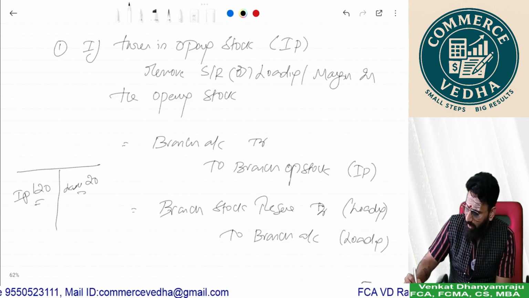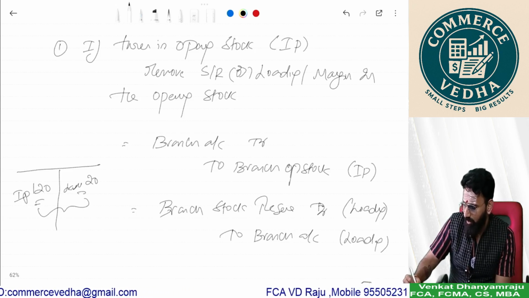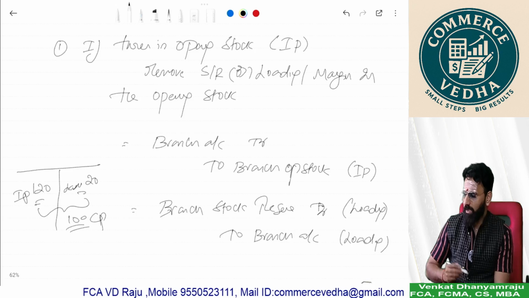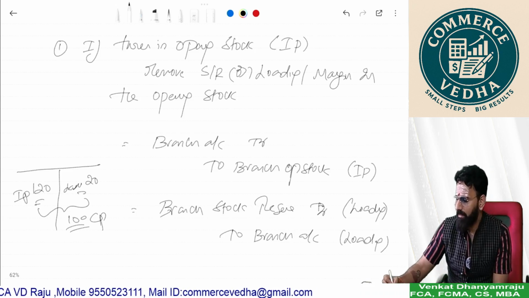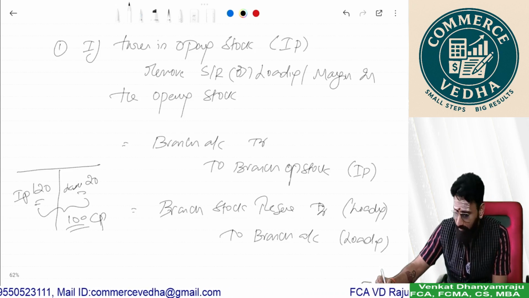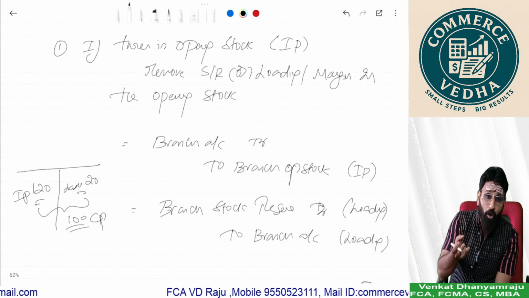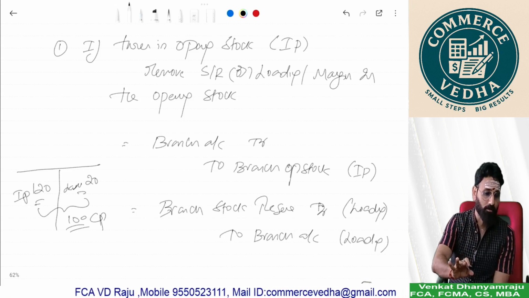So the net effect on the branch account is 100, which is cost price. Right? Always debit the branch opening stock at invoice price and reverse the stock reserve. Stock reserve is nothing but profit included in the closing stock.